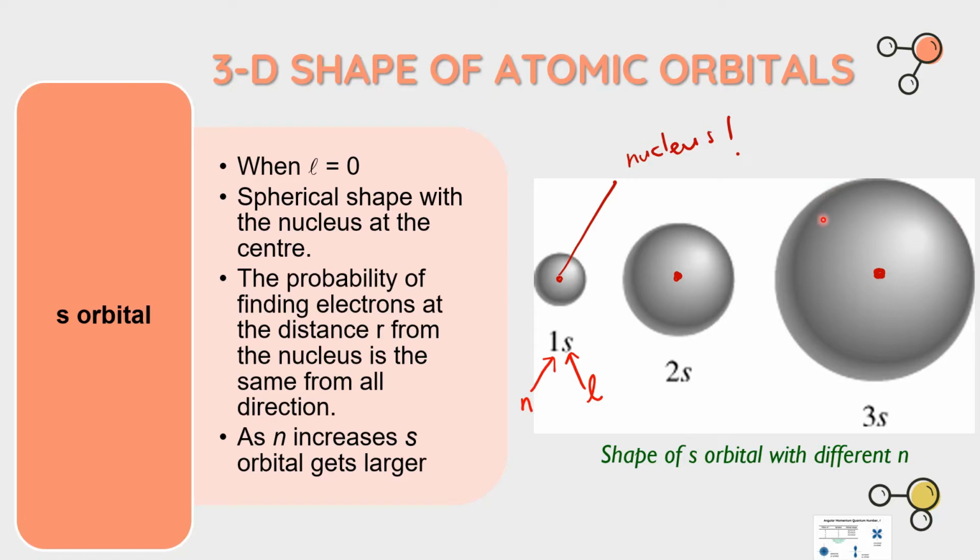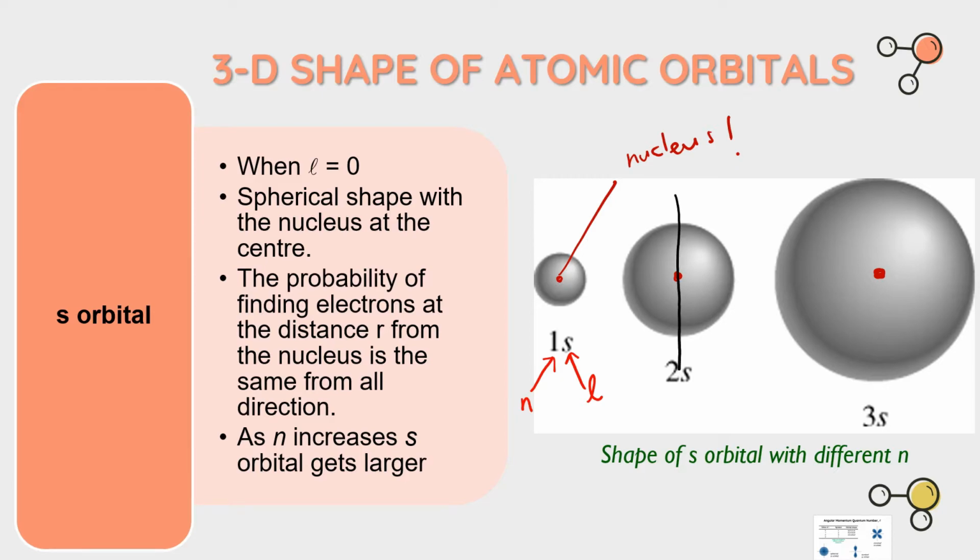Okay, so to draw the 3D shape of this spherical S orbital, what you have to do is make sure to draw its axis.